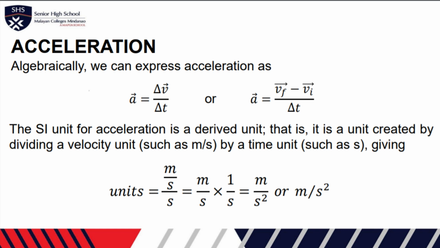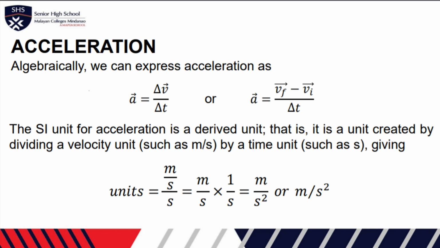Again, all of those will give us the unit, which is meter per second multiplied by 1 over s, cross multiplication, it will give you m over s squared, or meter per second squared. So that is how it is.